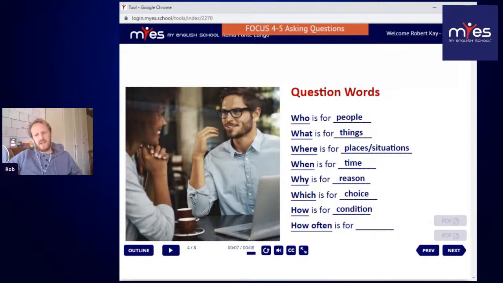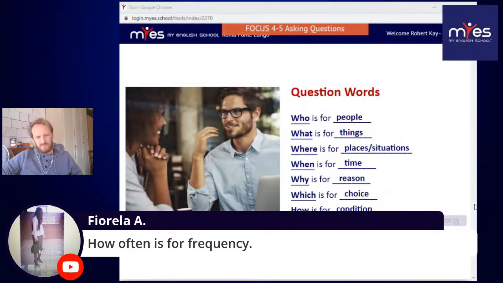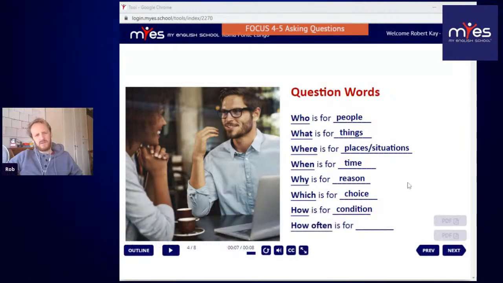Yeah, don't worry for that. It's for conditions, manner, and maybe also information, like how old are you? I'm 30. And then how often for frequency. So like how often do you go to school?